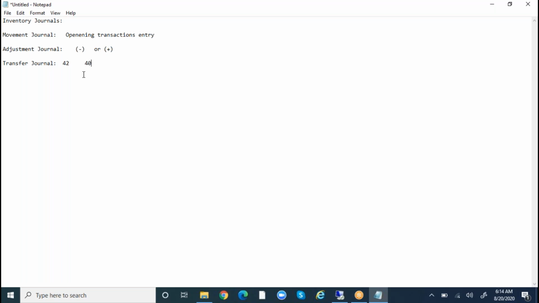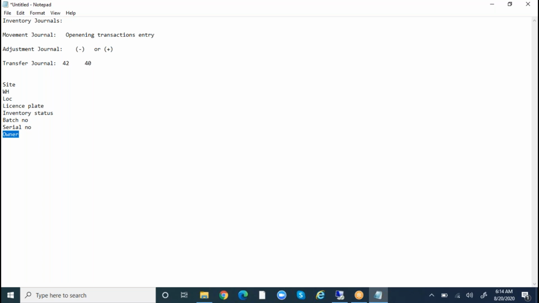Here, inventory dimensions like site, warehouse, location, license plate, inventory status, batch number, serial number. Owner will not be changed directly, but it is available in the system.